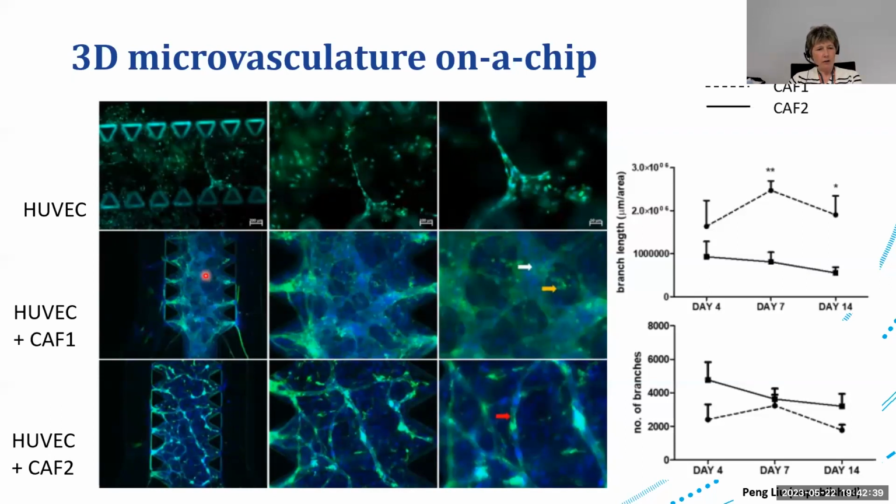So here we have the HUVEC cells in the presence of the different sets of carcinoma-associated fibroblasts. And similar to what we saw in our 2D models, the branch length differs in the 3D models, and the number of branches shown here. So this is the length of the branches, and the number of branch points differs according to the carcinoma-associated fibroblasts that we add into the model.